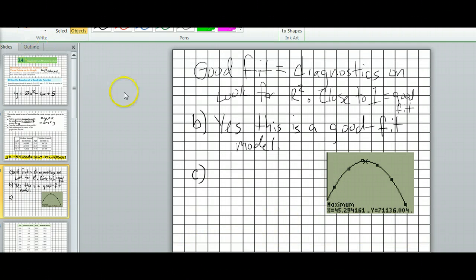So the maximum median income is, this is the y value, this number, 71,136.00, occurs around age 45.29 years.